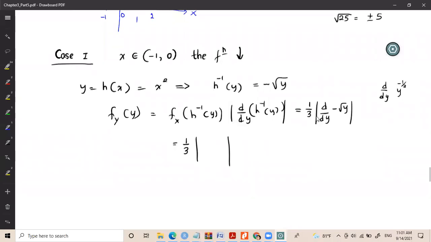And the negative sign, we'll keep it. So what is the answer? What do you get? I know it's hard to type, so I'll write the answer. We have negative 1 over 2 square root of y, right? And the negative sign with the absolute value, it will go away and you'll end up with 1 over 6 times square root of y. And what is the interval for y in this case?